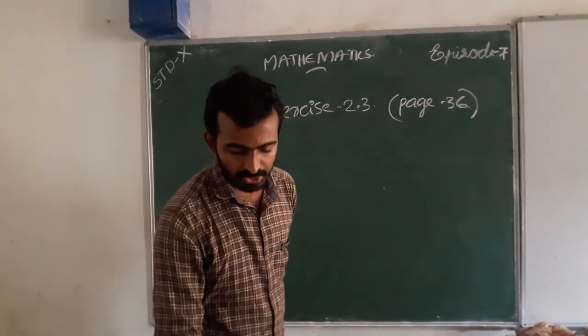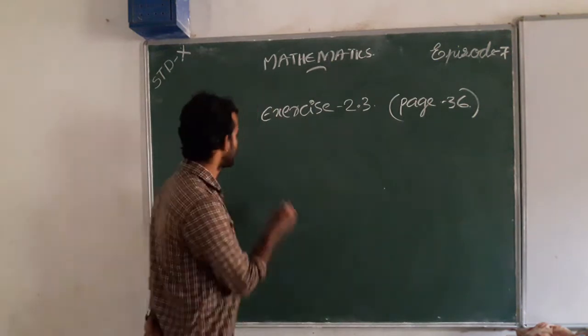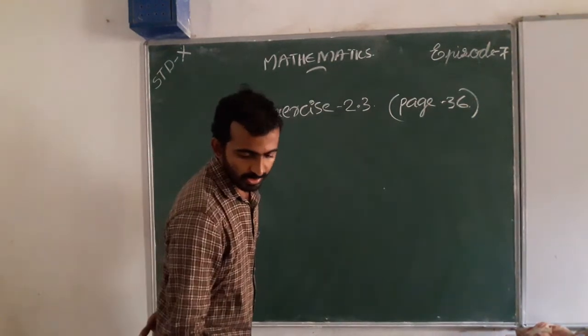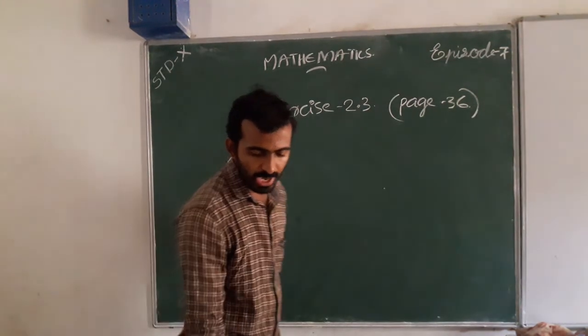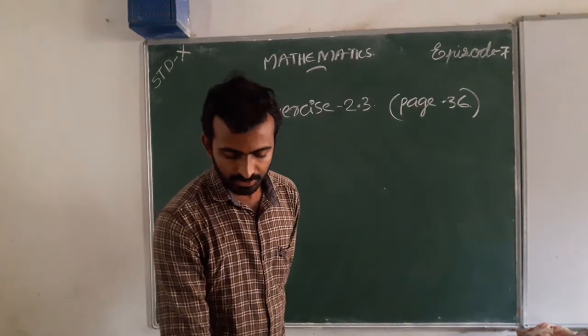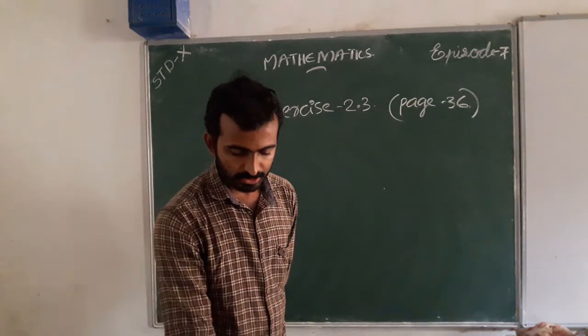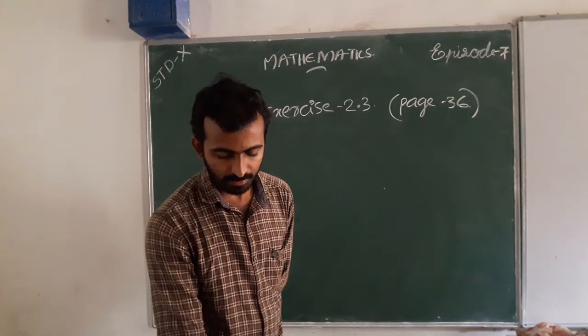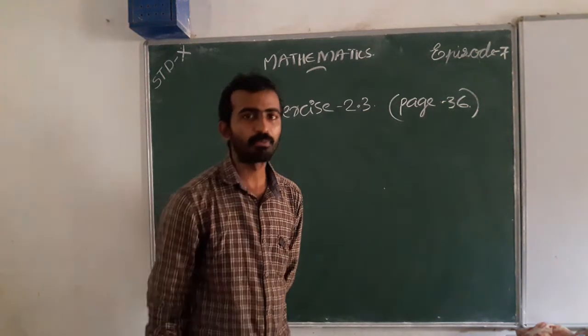Today, our first question is: divide the polynomial p of x by the polynomial g of x and find the quotient and the remainder in each of the following.